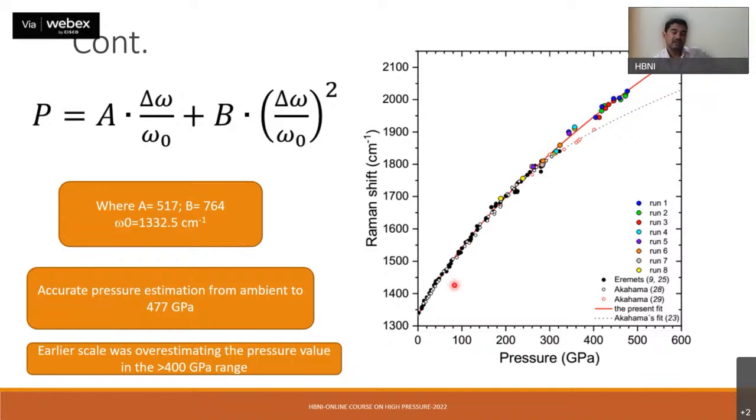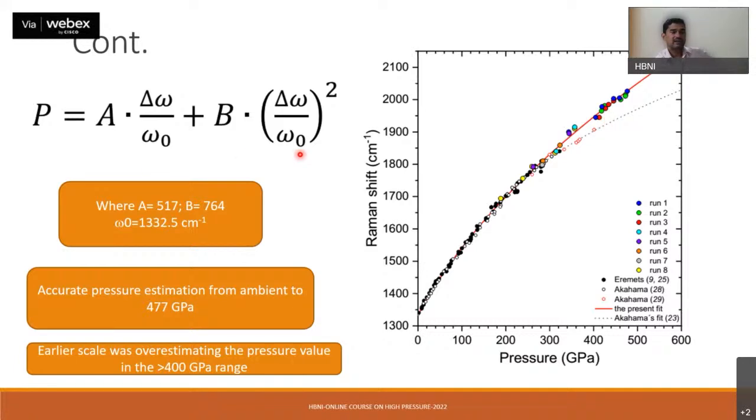So what they did, they used all the earlier data and they tried to fit it, and they have given a universal pressure scale in the form of P equal to A into delta omega by omega 0, where omega 0 is again the first order diamond Raman peak. In their case, they have taken omega 0 as 1332.5 centimeter inverse. Delta omega is, of course, the difference of the anvil edge, second edge, from the first order Raman peak.